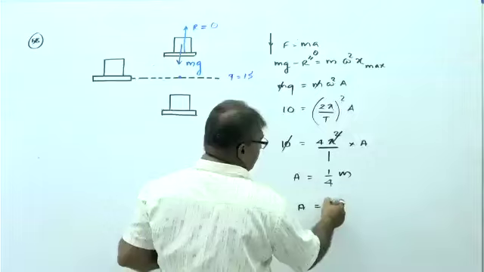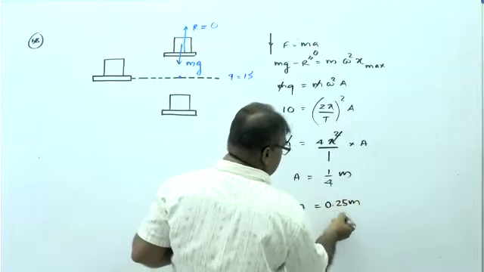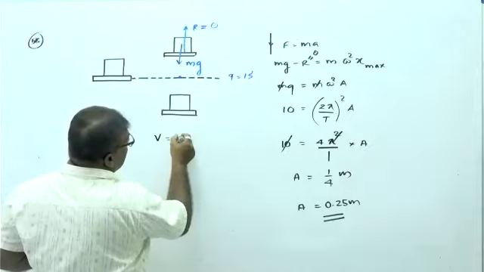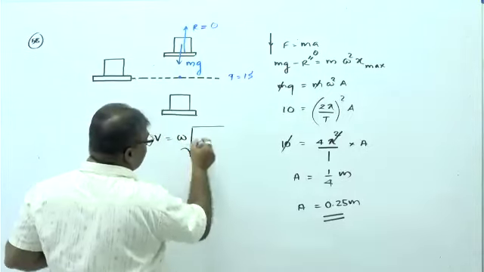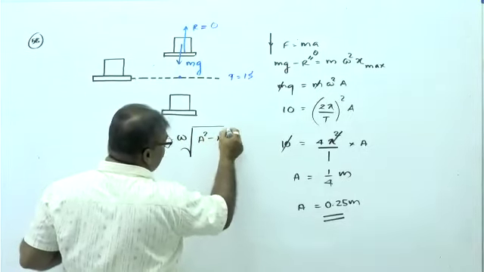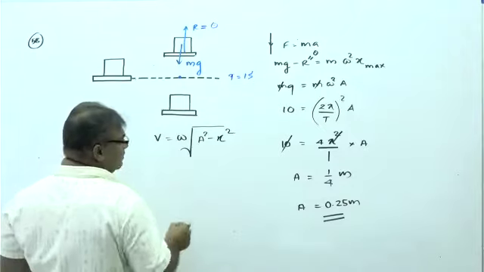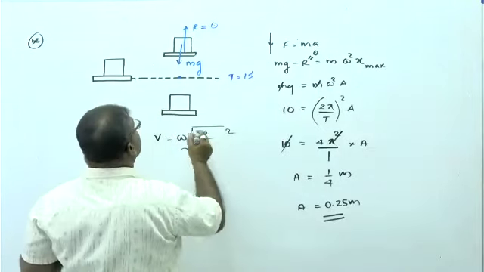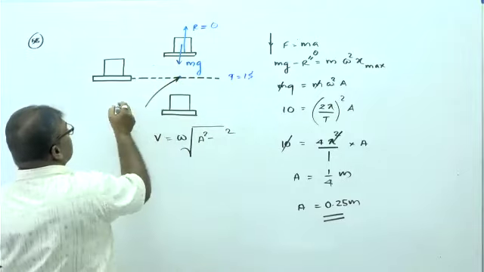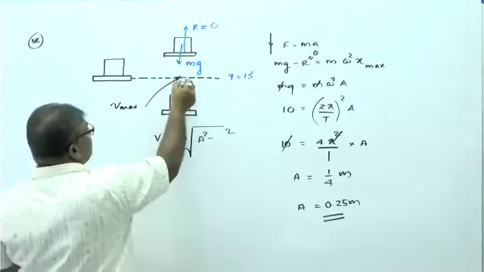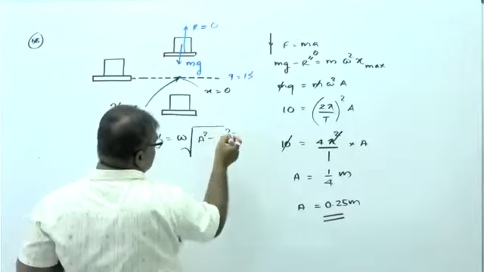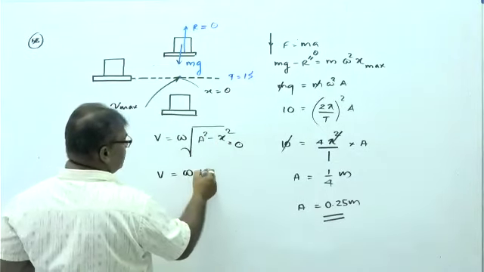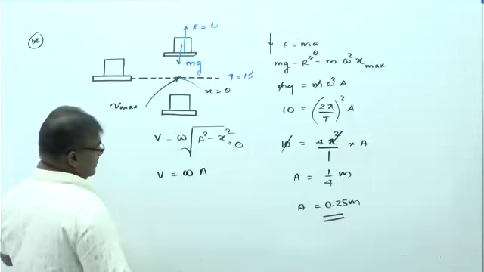It comes to 0.25 meters. And at that instance, the velocity is omega root of A squared minus x squared. Maximum velocity is at the mean position here, no? This is the Vmax one. Here, x should be 0, no? x should be 0, so maximum velocity is like this.